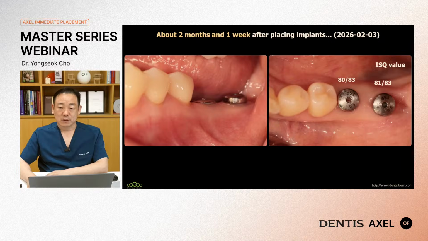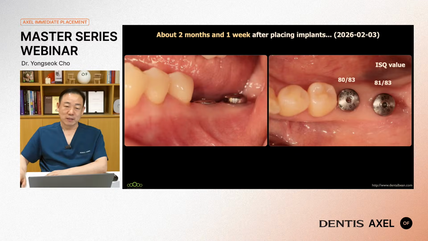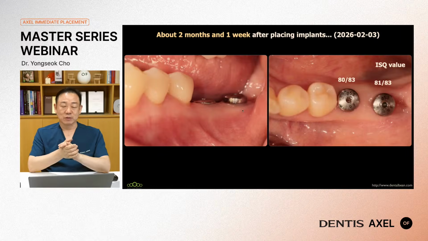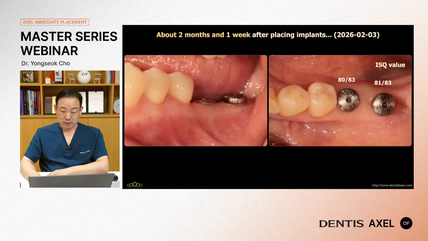Okay, now it is healed condition. ISQ value good. Final depth of implant looks 4.5 at number 6 and about 3.5 at number 7. Number 7, but 3.5 not bad. When position and angulation are good, it is not bad.